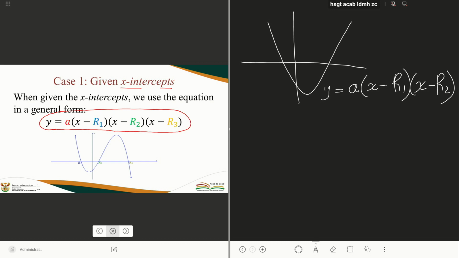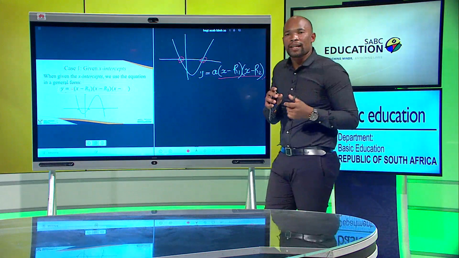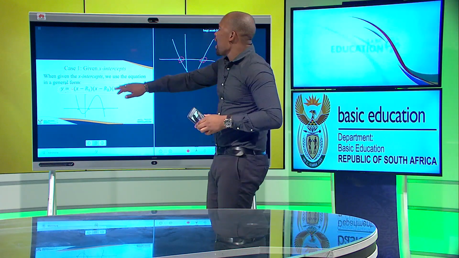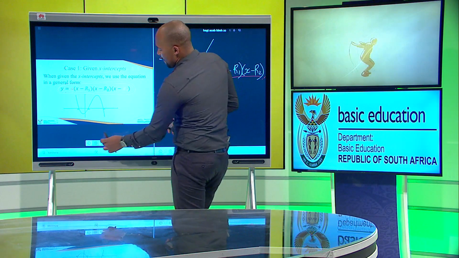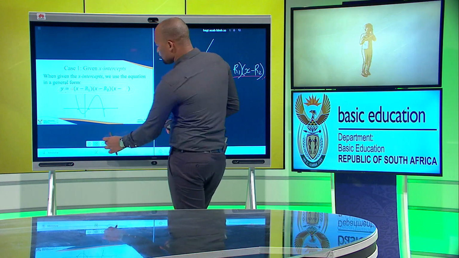Why are we ending on root 2? Because we have two x-intercepts. But now, as we are working with a cubic, we go to a third factor as well. Simple like that. Let's check this example.